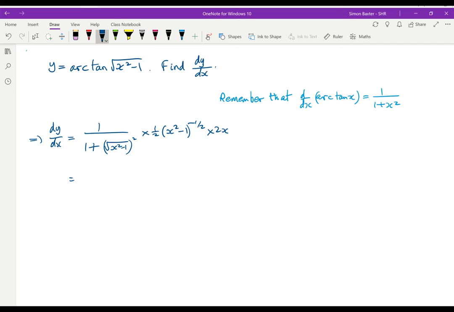The bottom line here is 1 plus x squared minus 1, which is x squared, so 1 over x squared times x squared minus 1 to the minus a half is 1 over root x squared minus 1. 2 and 2 cancel, times x. And so I get that dy by dx is equal to 1 over x root x squared minus 1.